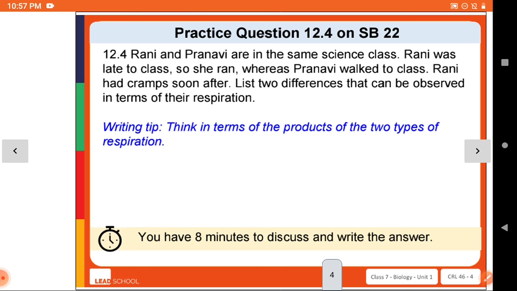Rani had a cramp soon after. So list two differences that can be observed in terms of their respiration. You have to answer these questions. In our next class, first of all we will review your answers. After that we will proceed toward the next topic.